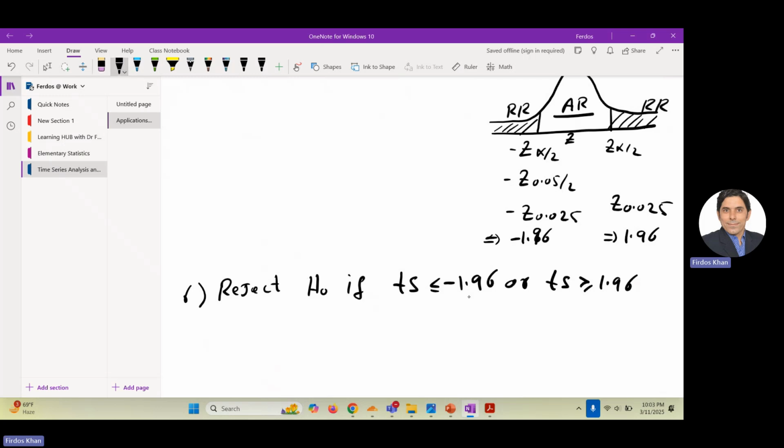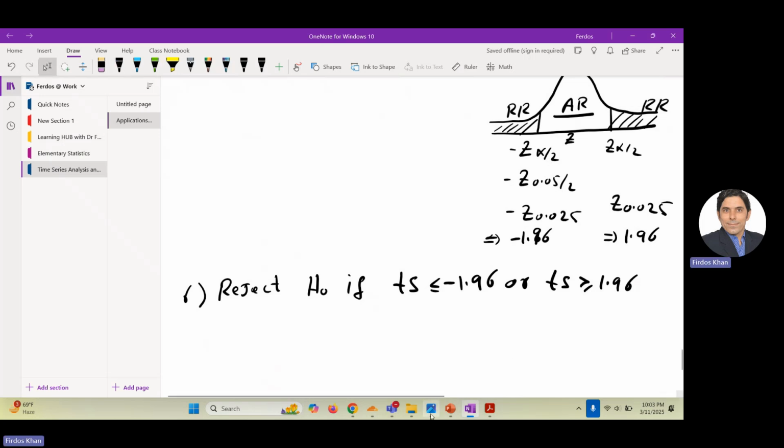Because if the value is in this region, reject the null hypothesis, and if the value is greater than or equal to this one, reject the null hypothesis and accept the alternate hypothesis. And then you can write the interpretation.